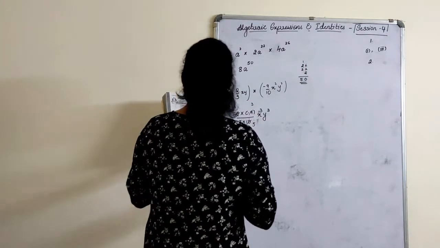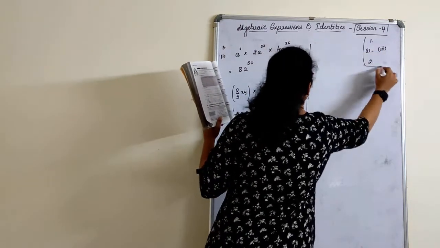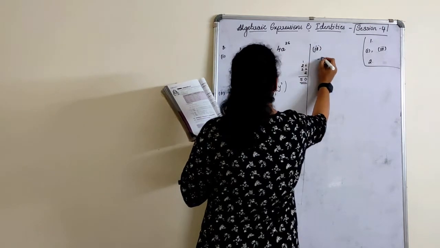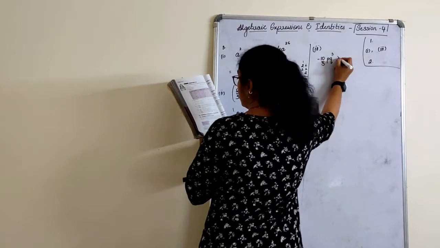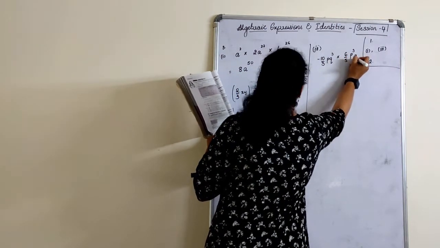Quickly we'll move to the next one. Third one, minus 10 by 3 pq into 6 by 5 p cube q.